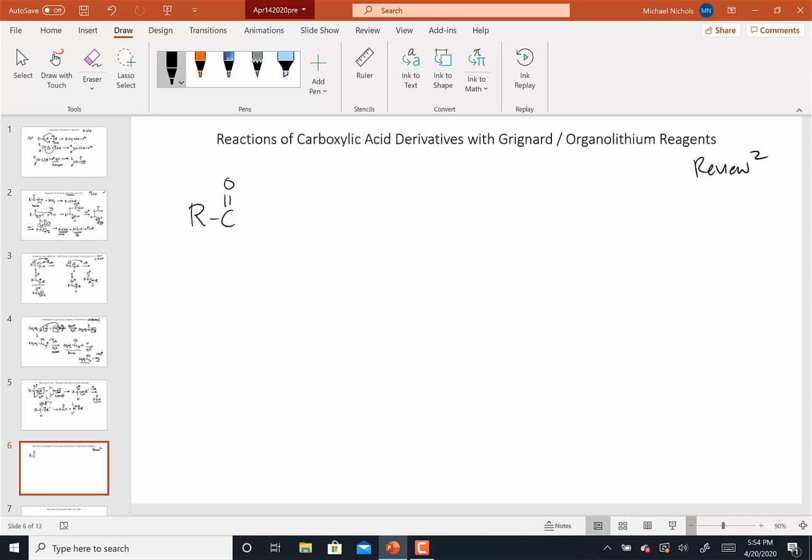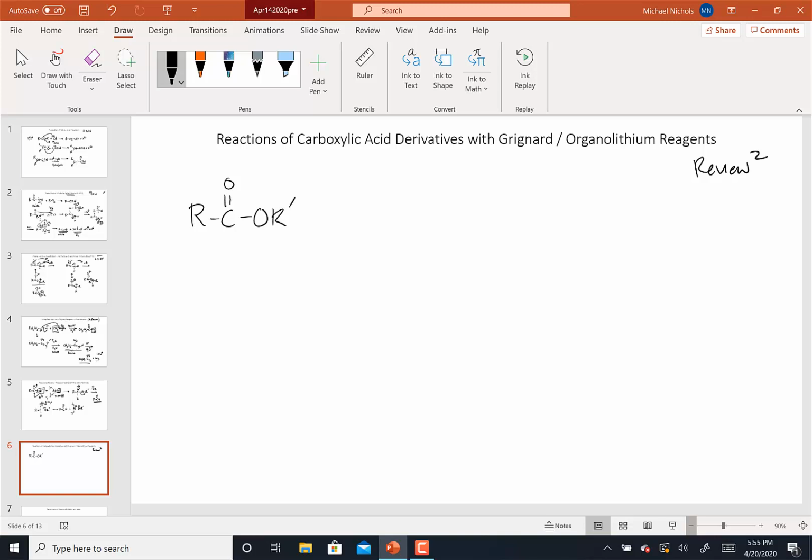So let's take each one of the carboxylic acid derivatives and talk about what happens when you add a Grignard or organolithium reagent to it. Let's just take them one at a time. So how about we take the ester?